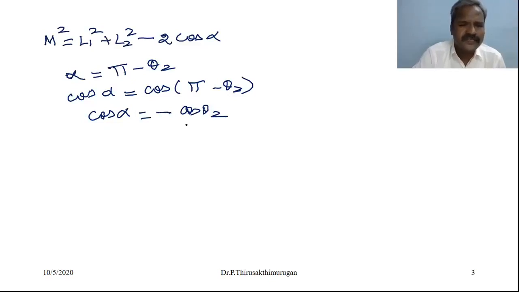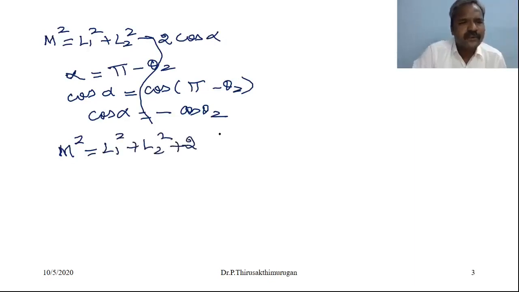You substitute this in the relation. So what do you get? M square equal to L1 square plus L2 square plus 2 L1 L2 cos theta 2.